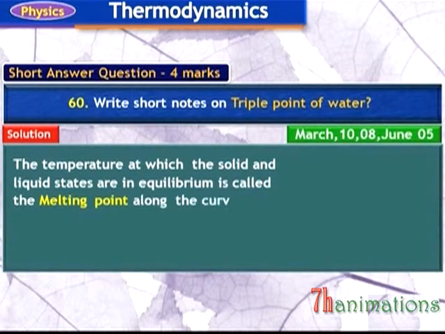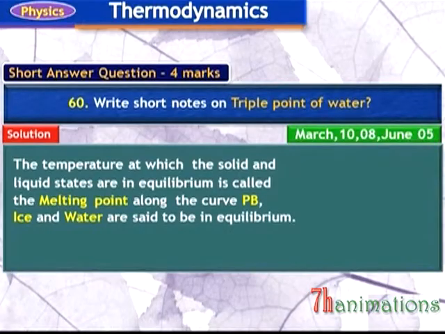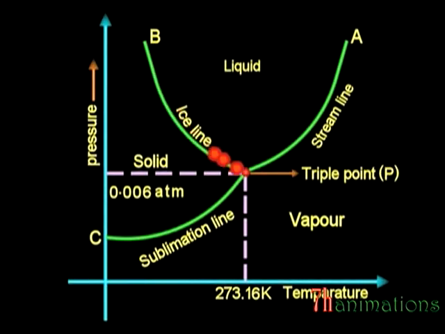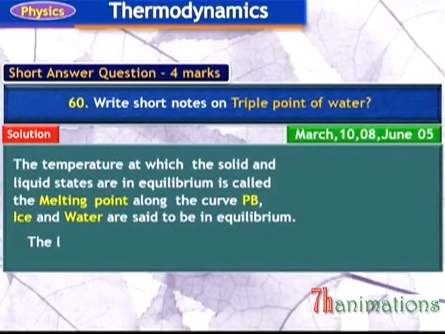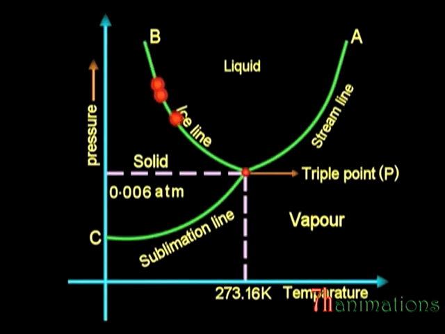Along curve PB, ice and water are said to be in equilibrium. The line PB is called the ice line. That means below this line the substance is in solid state, and above this line the substance is in liquid state.